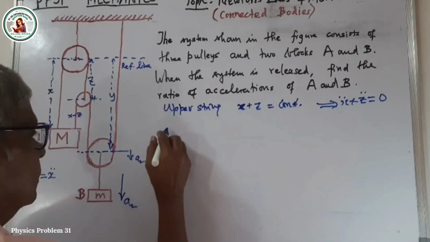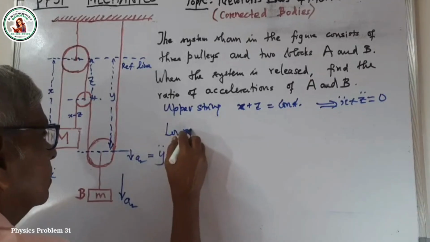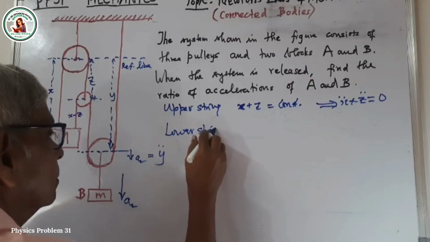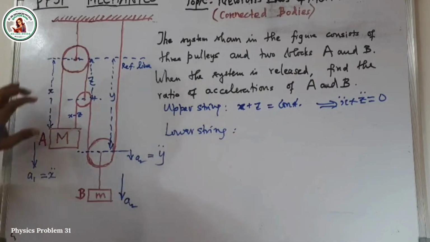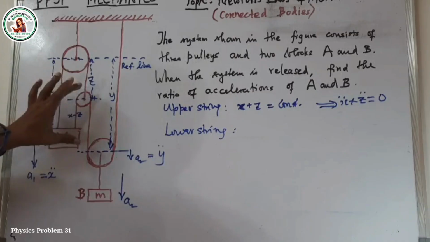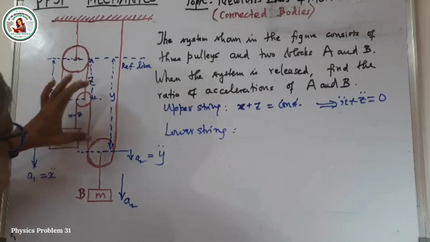Now the lower string. It has 3 sections: x minus z, y minus z, plus y.